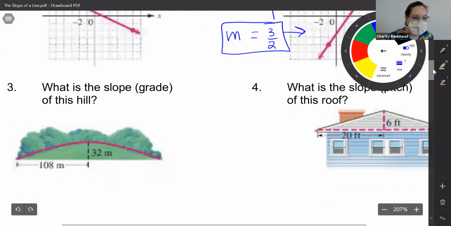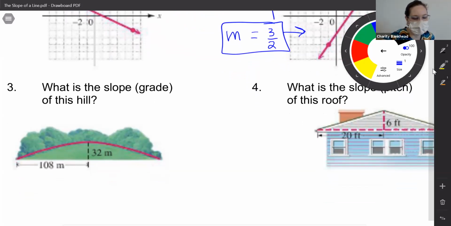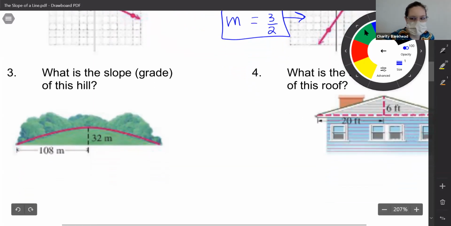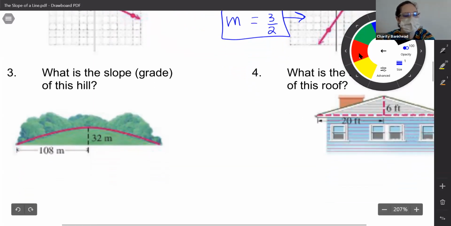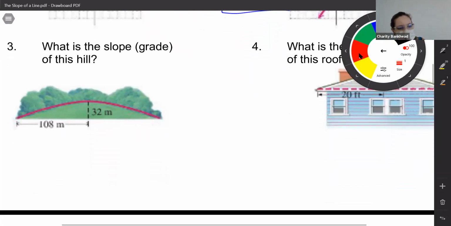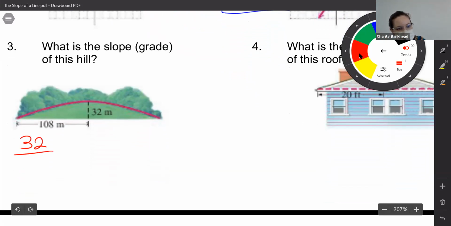Okay, number 3 is asking what is the grade of the hill, so the slope. So rise over run, so that would be 32 over 108. And then reduce that.